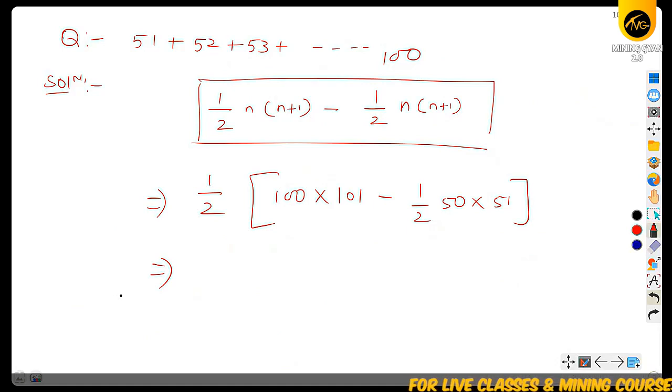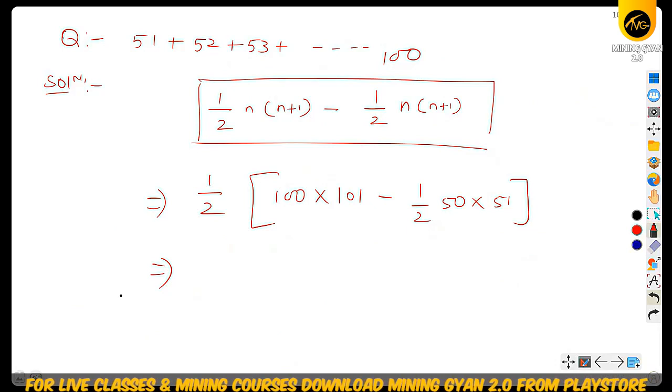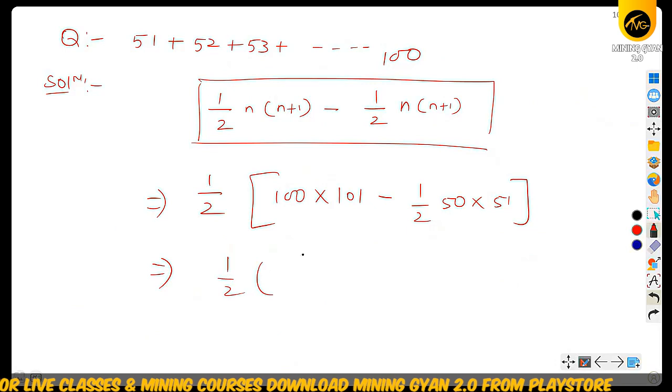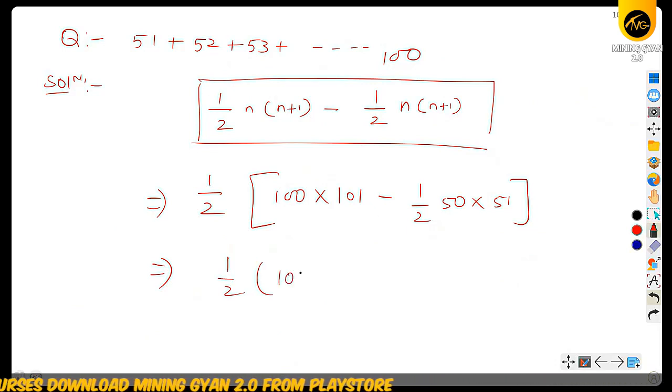Basically the first number is 51 and the highest number is 100. So in the series we have to subtract the sum up to the number before 51, that is 50. Now 1 divided by 2 into 100 into 101, that is 100 and 100, minus 50 into 51.